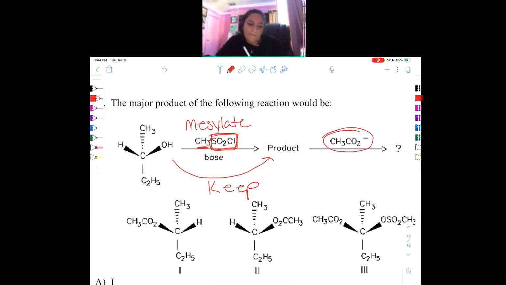All right. And so this next step, if we have just a nucleophile, what type of mechanism are we going to do? And this is one from Orgo 1. You guys remember?